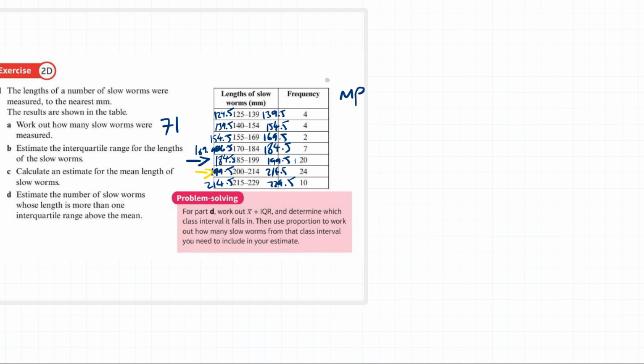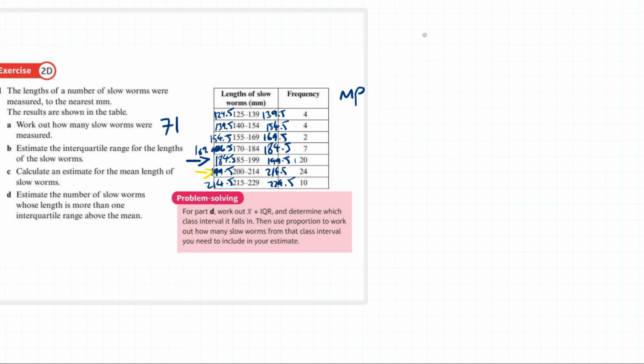So to find our midpoints, the key thing is, again, we need to use our proper lower class bound and upper class bound. Remember again that they are not the ones stated in the question, because they do not match. The highest value here is 139, then we've got 140, so we need to write in, particularly if you're not strong in this topic, write in your class bounds. So it's 139.5 is the highest one.